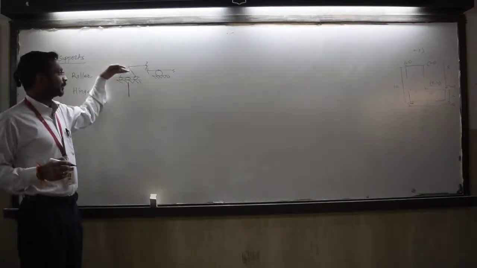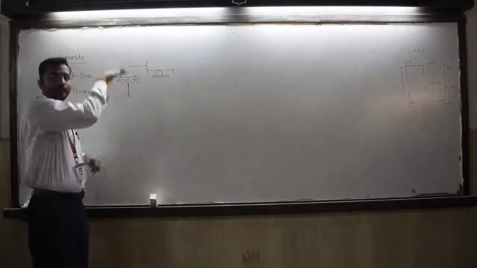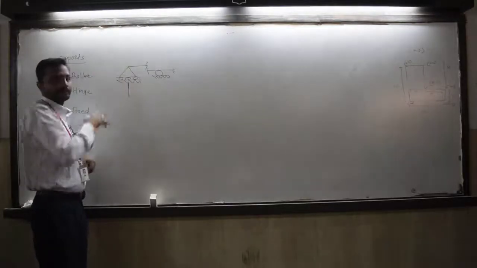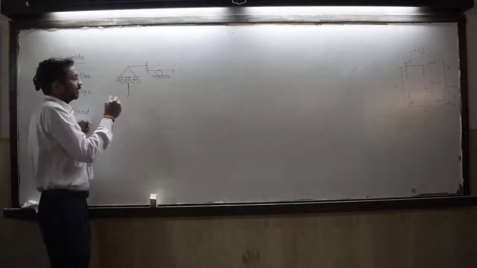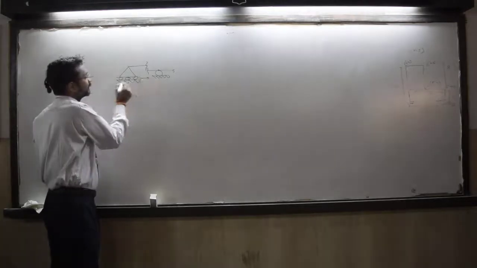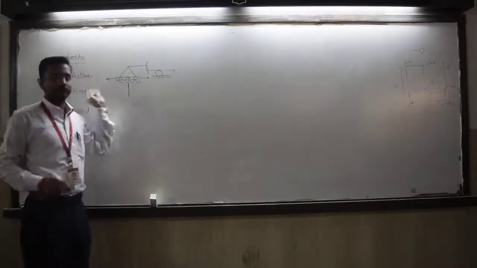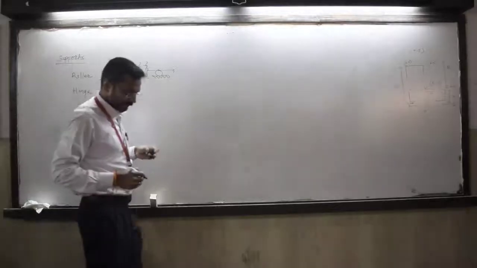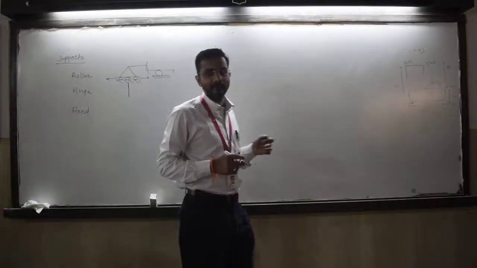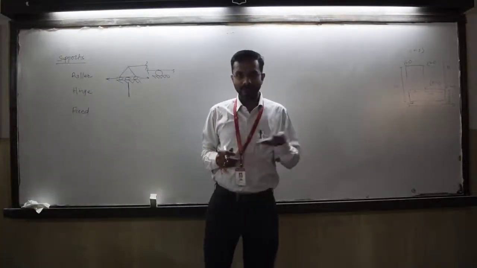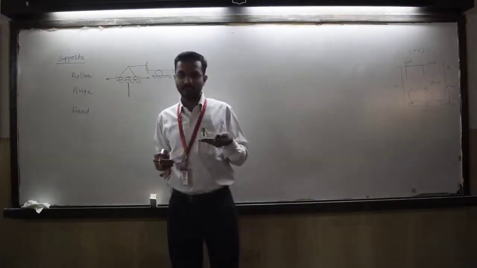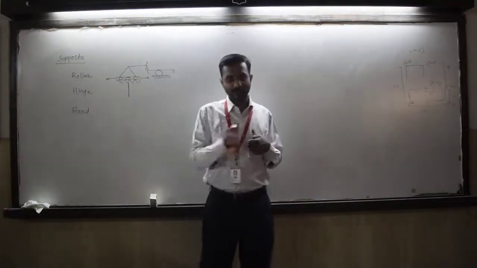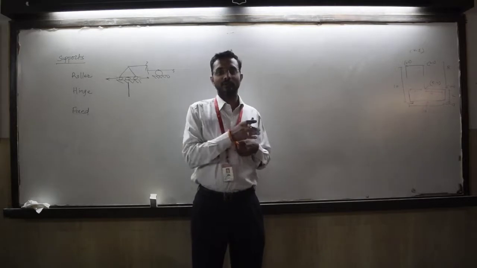The member supported by a roller support cannot move perpendicular to the plane of the roller, but along the plane, or parallel to the plane, there is provision to move along this line. For example, you can think about a sliding window. At the base there is a roller support provided, so it is free to move along the plane of that roller.